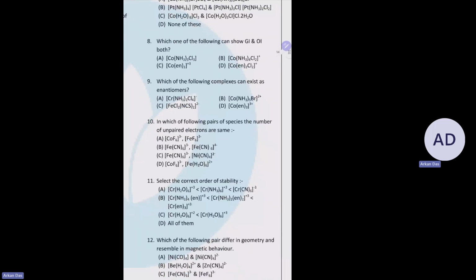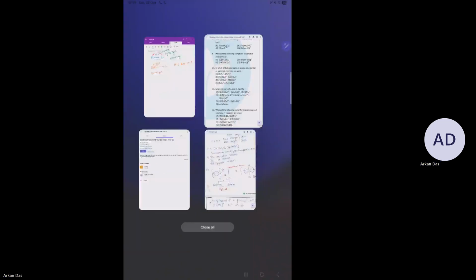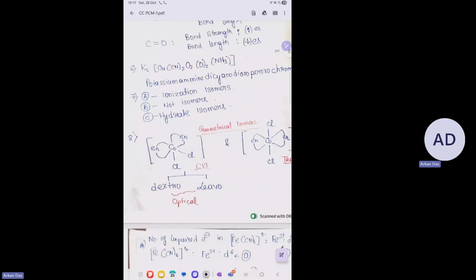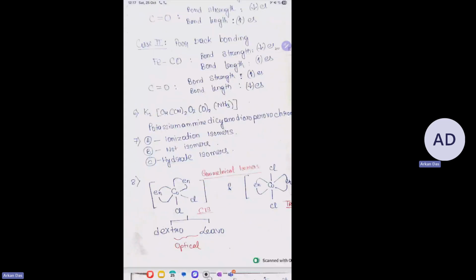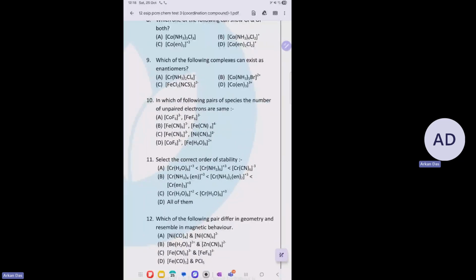Which of the following complexes can exist as enantiomers? Just now we have learned that whichever is optically active can act as enantiomers. Among all the options given, everyone other than option D can have cis-trans or may have a certain arrangement in which they have a plane of symmetry. So option D, that is [Co(en)3].